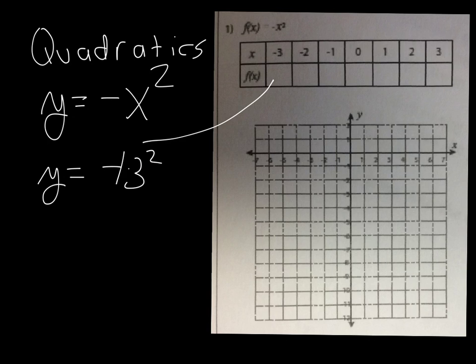times 3 squared. So if we do that, PEMDAS, exponents go first. So I have negative 1 times 9, or y equals negative 9. So right here in my box, I put negative 9. It was negative 3 squared. I didn't notice that right before.